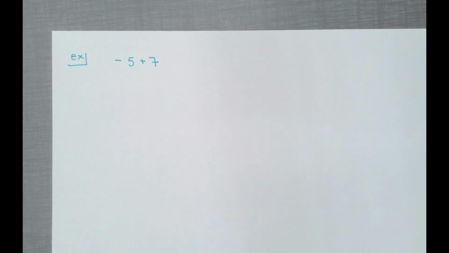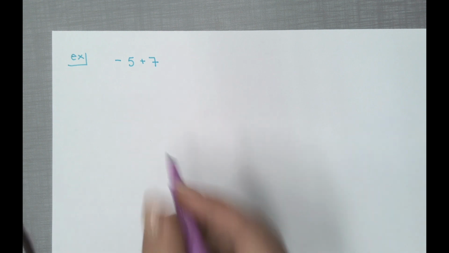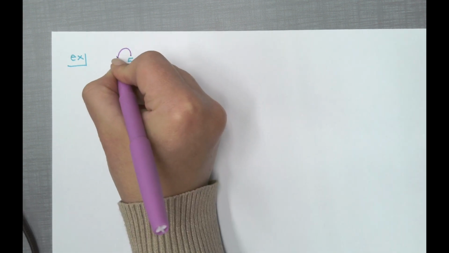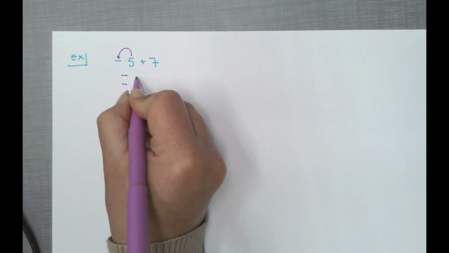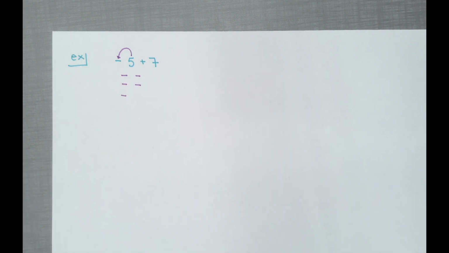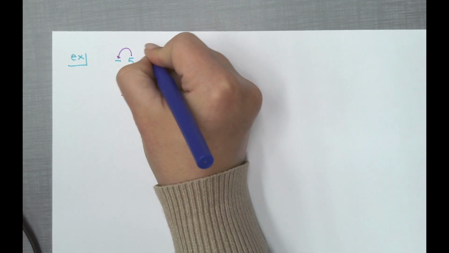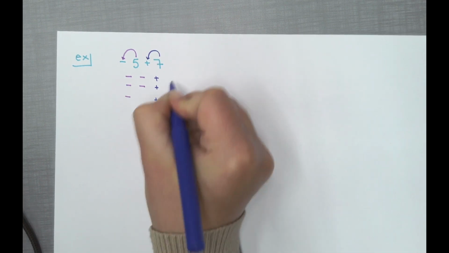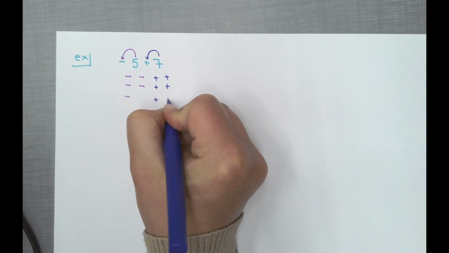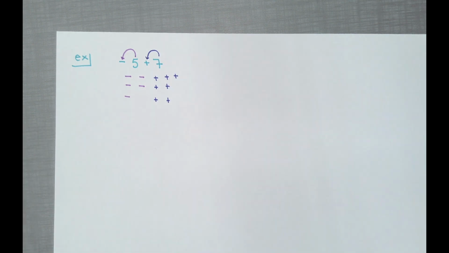For questions number 7, 8, and 9, I'm asking you to draw an arrow. This is negative, so I need to see 1, 2, 3, 4, 5. This is 7 positives. 1, 2, 3, 4, 5, 6, 7. And I need to see your 0 pairs.